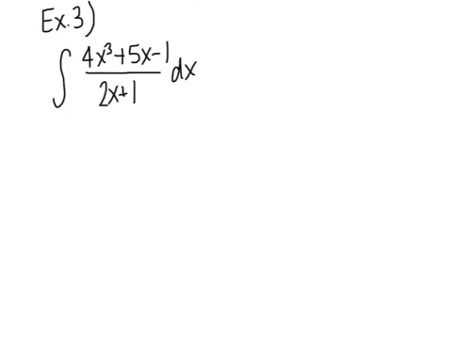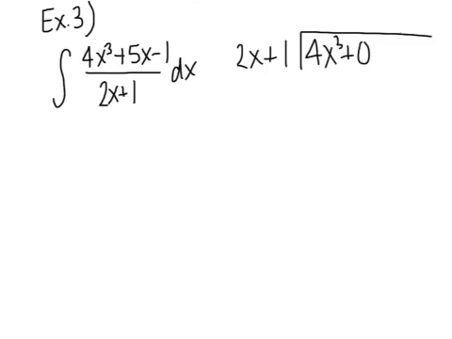So we've got the 2x plus 1, 4x cubed. I'm going to put in a 0x squared because I have to have something for all my terms in long division.